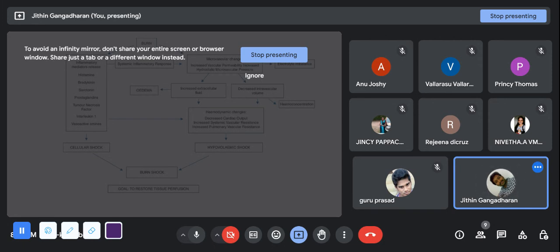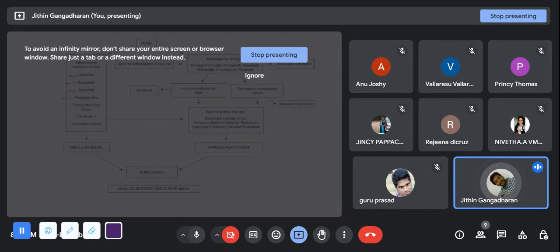there will be an inflammatory response. If your body has burns, there will be an inflammatory response. First, histamine, an inflammatory agent, will be released, bradykinin will be released, serotonin, prostaglandin.